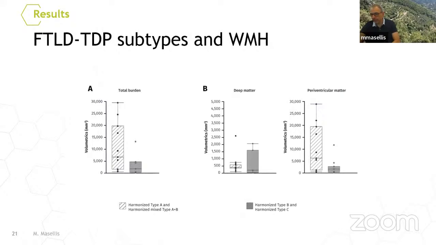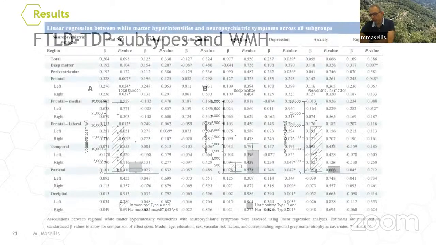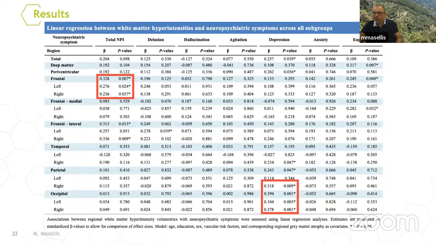I won't go into this. When we looked at FTLD-TDP subtypes, the samples were too small to make any reasonable conclusion, so I'll skip over that. When we looked at the association between white matter hyperintensities and neuropsychiatric symptoms across all of the different subgroups, what we found was that white matter hyperintensity in the frontal regions was strongly associated with total neuropsychiatric inventory score.